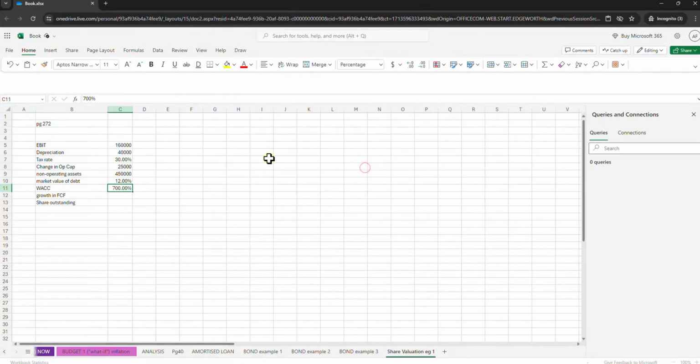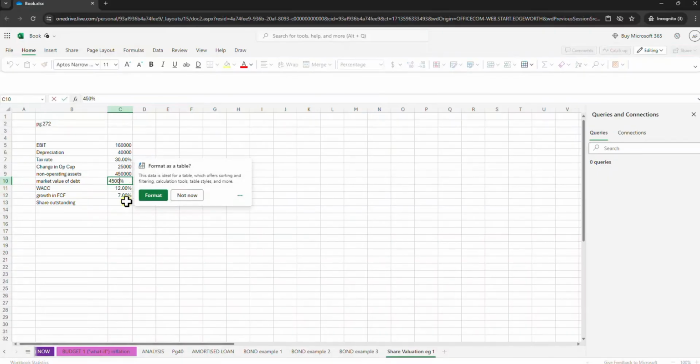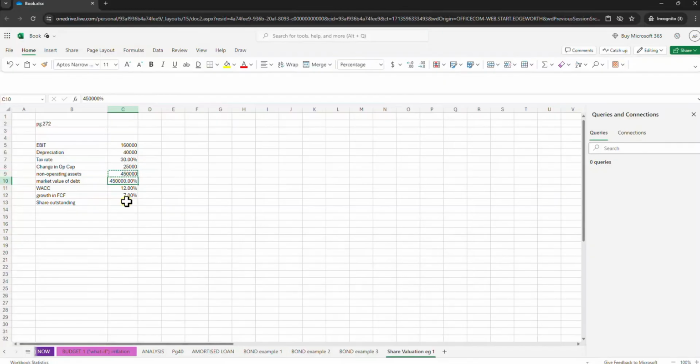Yes. Okay, it's just data. Yes. Okay, growth. Oh, I missed one. What is it? 12%. Okay, the market value was 450. Shares outstanding. Okay, and then you've got all of these line items. Net profit after tax.